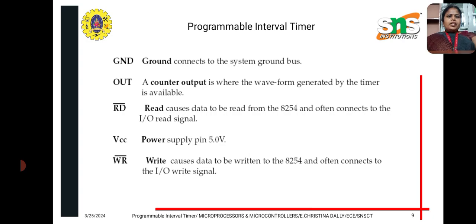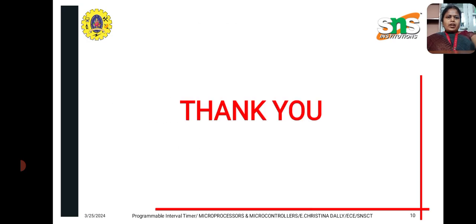Out is the counter output where the waveform is generated by the timer. Read causes data to be read from the 8254, and connects to the IO read signal. The power supply is plus VCC. Write causes data to be written and connects to the IO write signal.